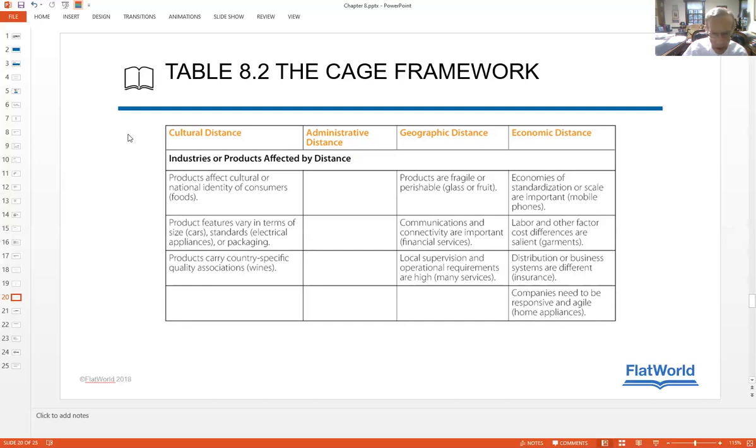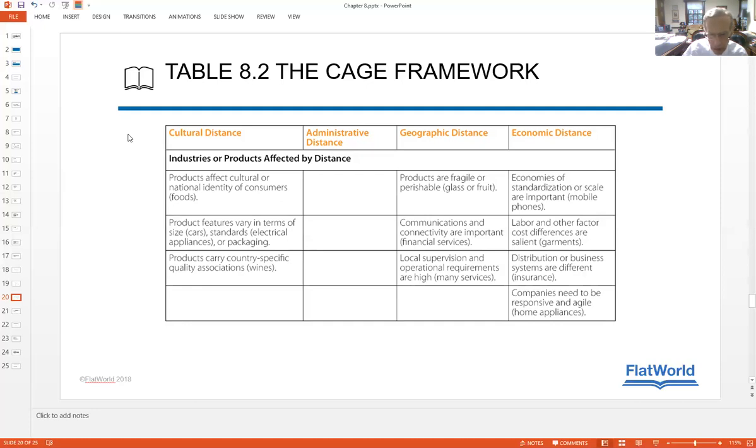And we would want to do a CAGE analysis to appreciate differences between the home country and the countries where either business is done now or might be done in the future.